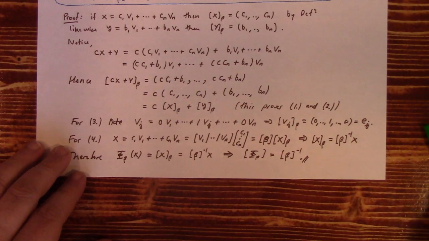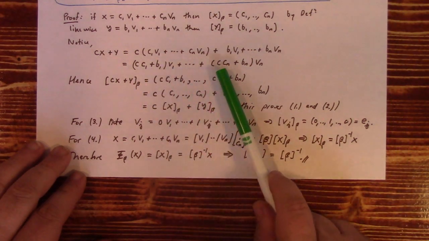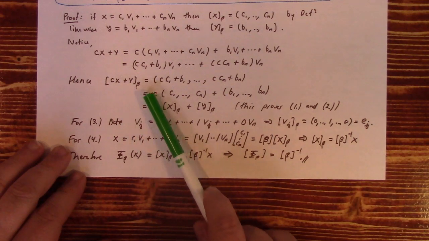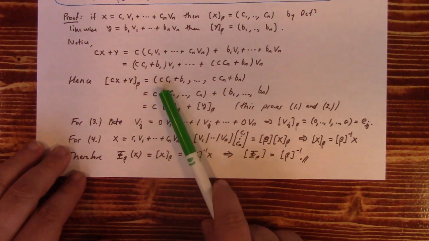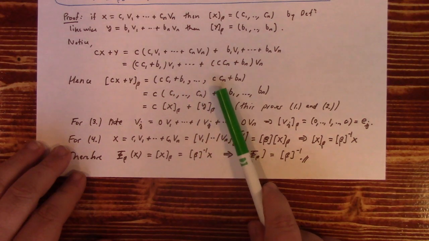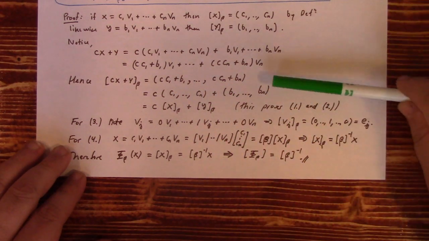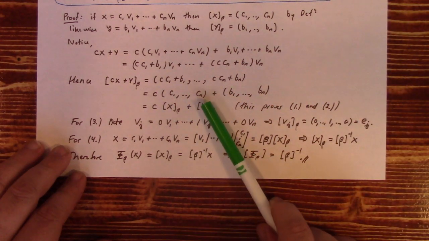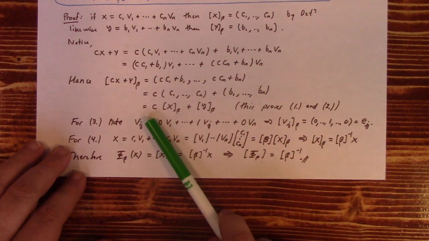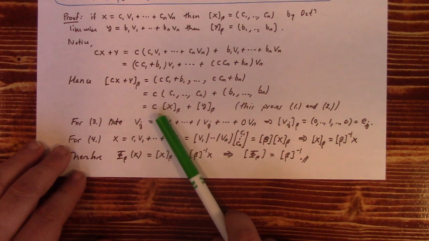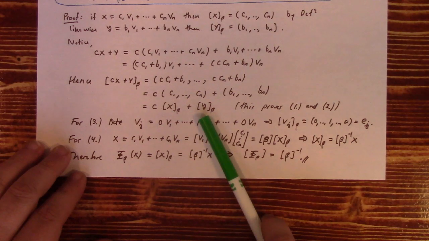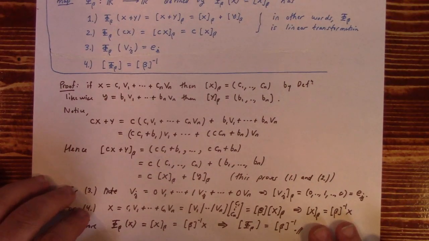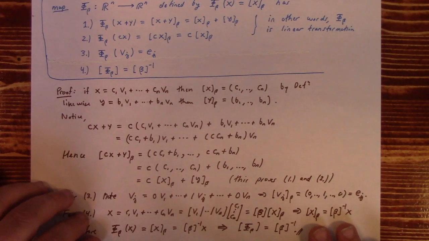And then by the definition of coordinate vector, the weights that appear next to the basis, those coefficients are the coordinates of that vector, which gives us the coordinate vector of cx plus y is cc1 plus b1 through ccn plus bn. And then through the usual vector arithmetic in Rn, we can rewrite that as a scalar multiple of the c vector plus the b vector, which is then translating back into my formalism here, c times the coordinate vector of x plus the coordinate vector of y. This proves claims 1 and 2 up here. Claims 1 and 2 were just that, written in the other notation.